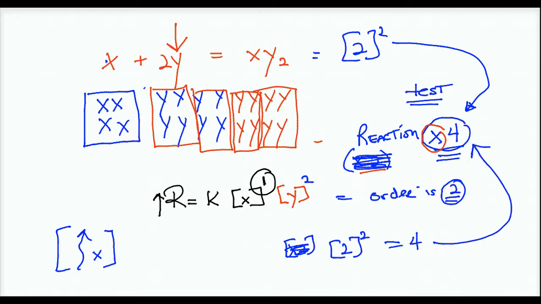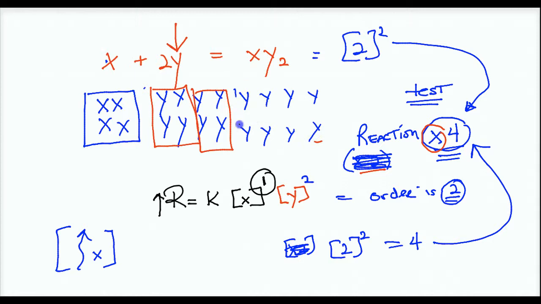If I have to start out with twice as much y, because stoichiometrically that's how it works. So I already have twice as much y, so x is already feeling that. So if I double the y and now have that many more y's, you can see that there are 4 times the number of y's compared to the x now, and now the rate is quadrupled. And the ability for an x to hit a y has increased 4 times. And that's what happens when you say the square of the change.